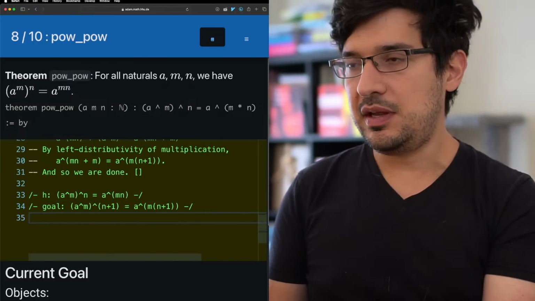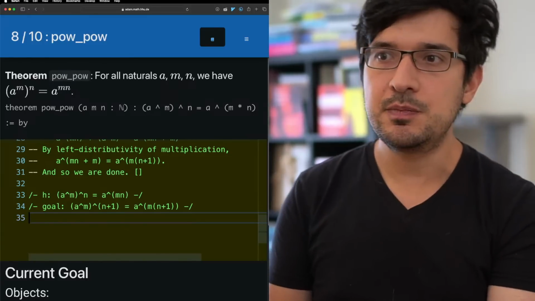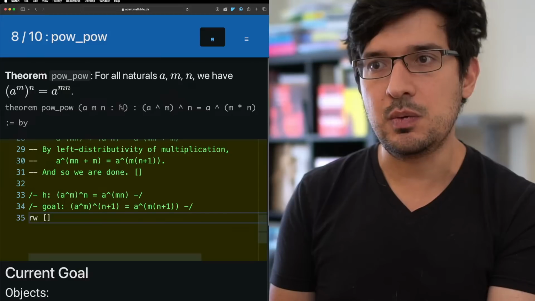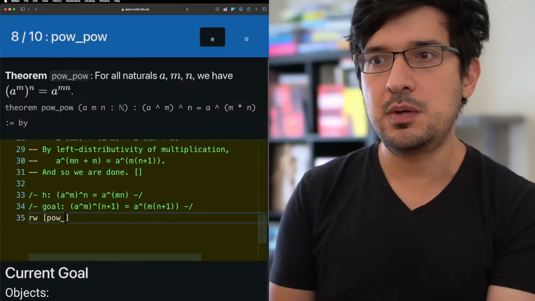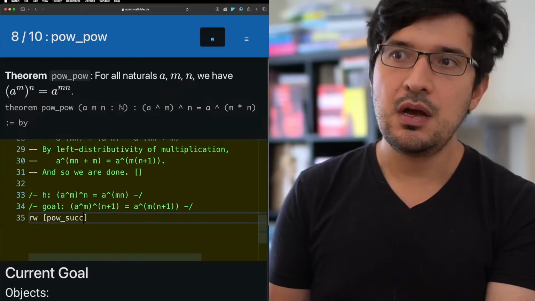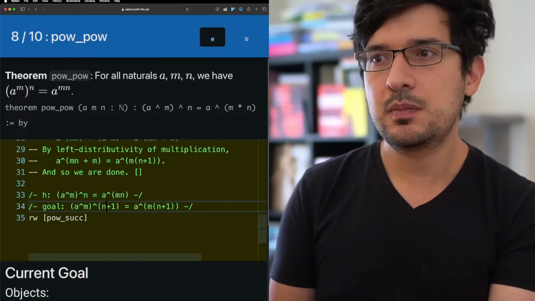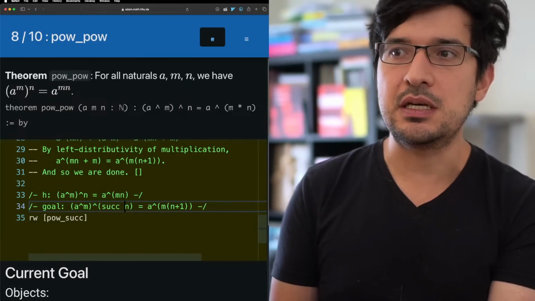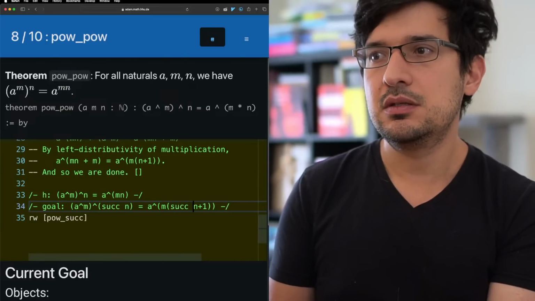So we do the exact same steps that I did in the human proof. Let's rewrite the left-hand side with the definition of power raised to a successor. Oh, in Lean, we're not using plus ones everywhere. In Lean, or technically in Peano arithmetic, we don't use plus ones, we use successors.